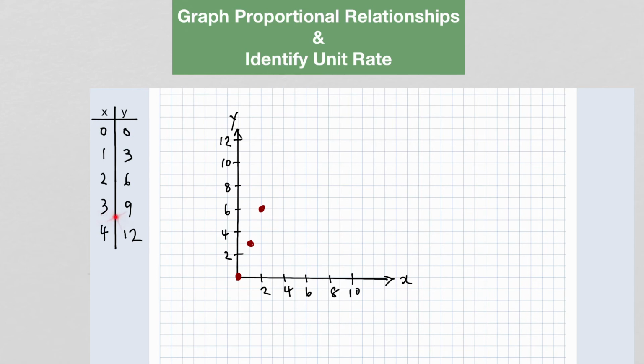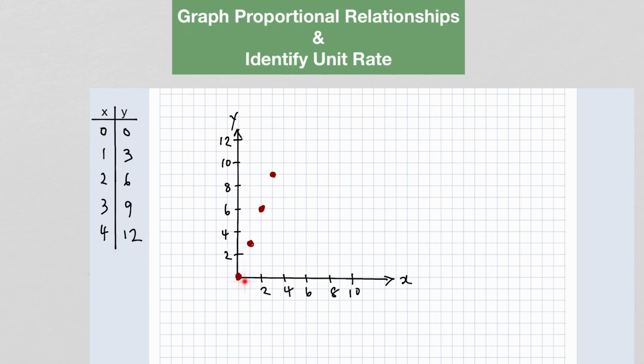The next one is 3, 9. Okay, so we're going to go to 3 on the x-axis, and then we're going to go 9 on the y. So that takes us to 2, 4, 6, 8, 9 right there. So plot a point there. And the last point, 4, 12.